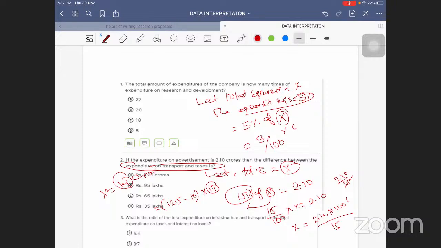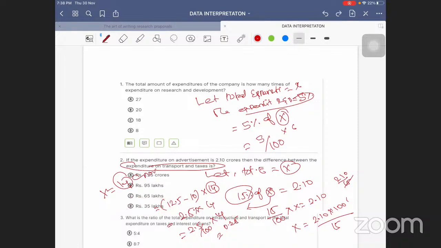So 2.5 into 14 divided by 100, we can cancel, and it comes to around 0.35 crores, which means 35 lakhs. So the answer is D.